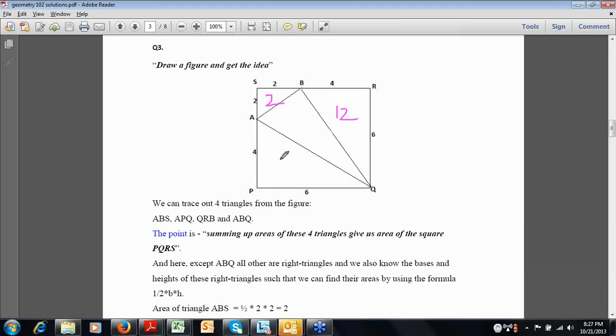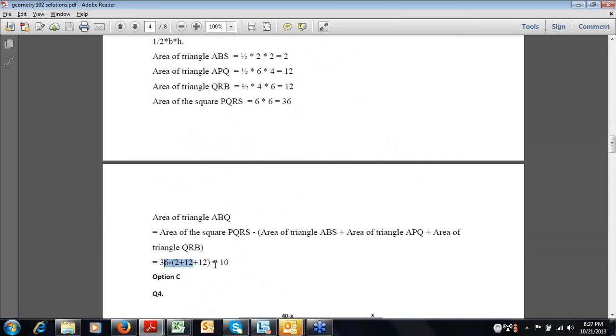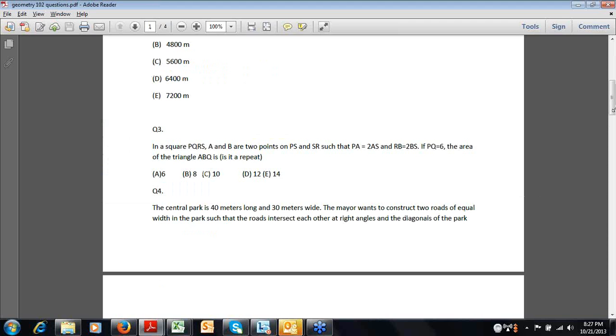This area we know is 12 again, and the total area is 36. So what is the left area? 12 plus 12, 24 plus 2, 26. So 36 minus 26. The value is 10. What option we have? We have option C as 10. So we'll go ahead and mark option C.